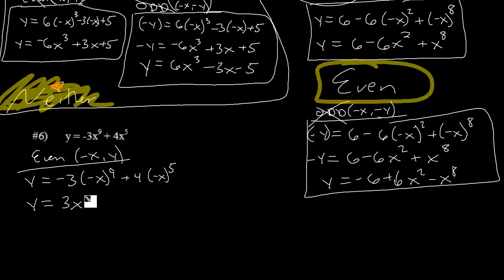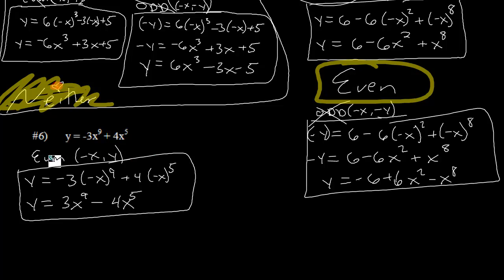Negative times a negative is a positive, so it's 3x to the 9th. Negative x to the 5th is an x to the 5th negative. Negative times a plus 4 is going to be a subtract 4x to the 5th. Is that the same as the original? No. This function's not even.